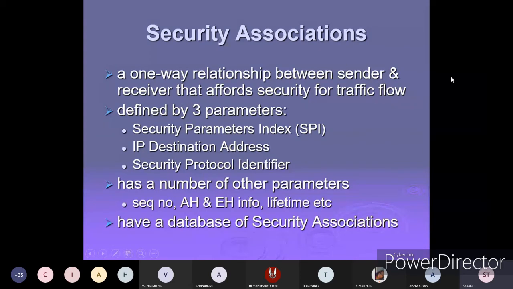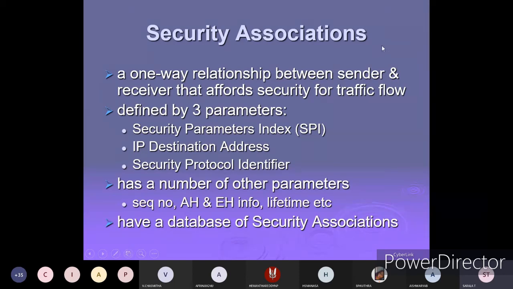Whenever data is transmitted from sender to receiver, it defines what type of security is needed for the data transmission, and it is defined by three parameters: security parameters index, IP destination address, and security protocol identifier. These three are the parameters present in your security association.